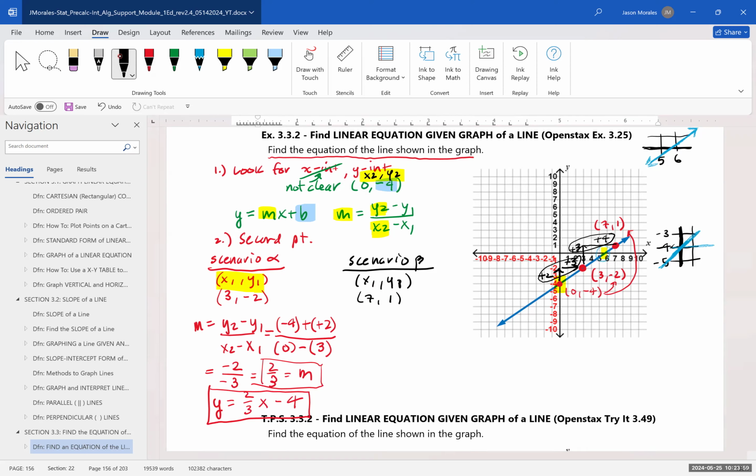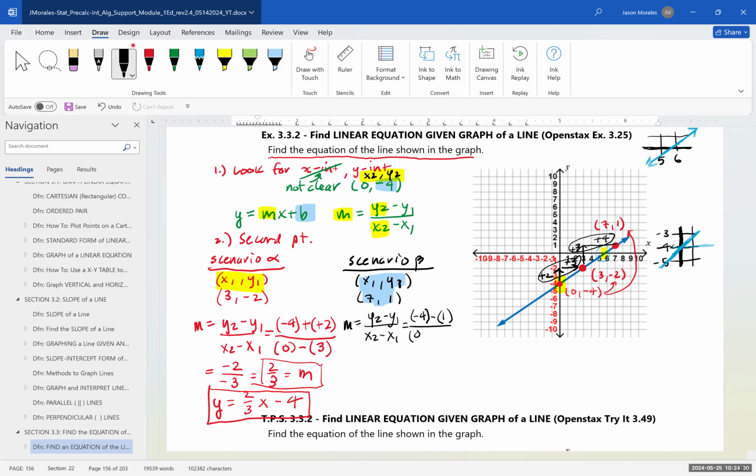If we had chosen (7, 1) as our point, let's see what we get with that. So slope is equal to y2 minus y1 over x2 minus x1. Y2 is -4 minus. Now the y1 and x1 I want to use are these ones. And so y1 is just 1.